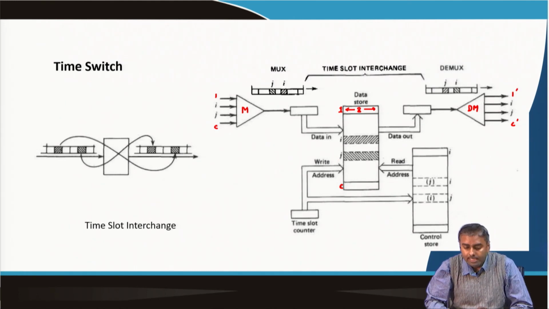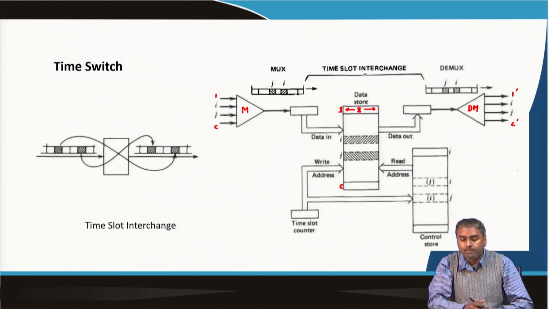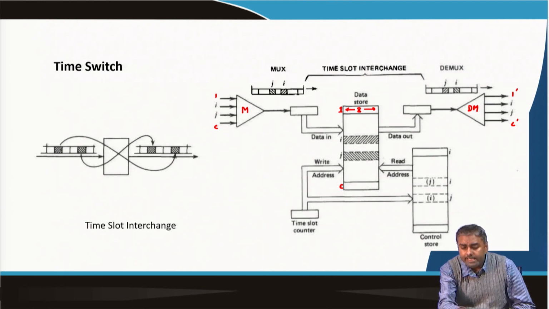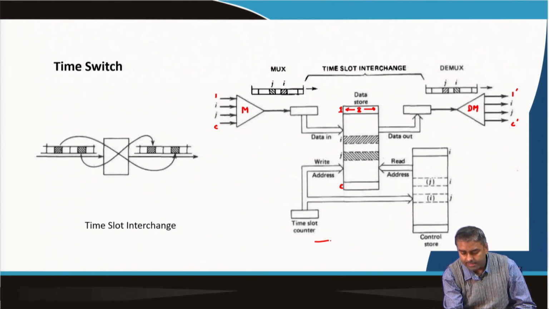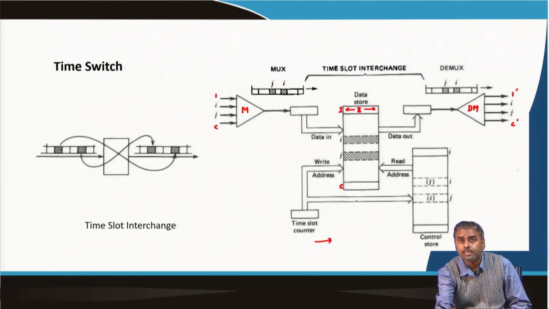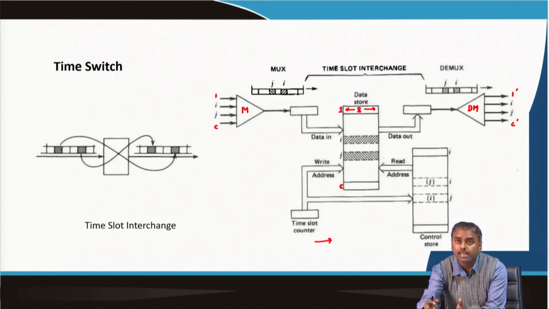Now, what is happening? Suppose you want to, there are two ways of doing these things. Let us talk about one of them. One of them is when you are writing into the data storage. From this left hand side, you are writing it into the data storage, and on the other side, you will be reading it from there.